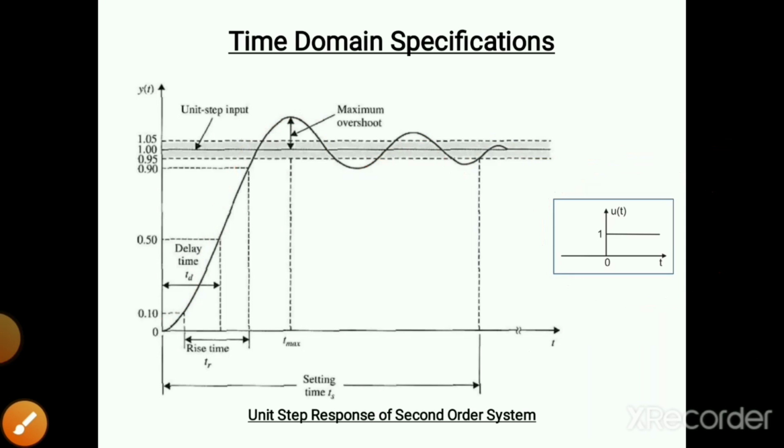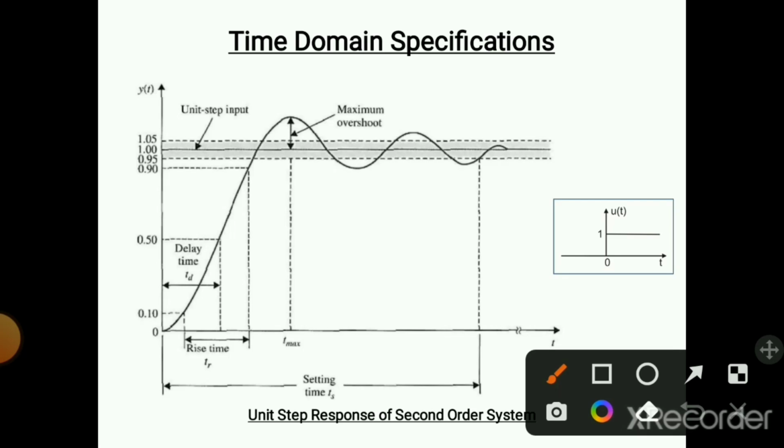In this graph, on the y-axis there is y(t), that is amplitude, and on the x-axis time is shown. Here three to four times are defined. This horizontal line is the unit step input whose value is 1.